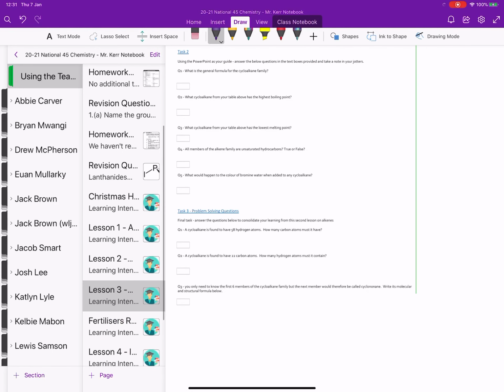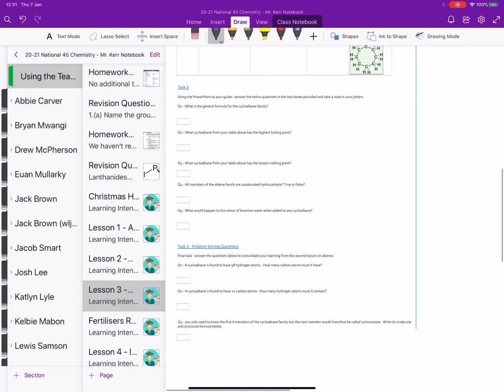So that will be lesson 3. Lesson 4, there won't be a lesson 4 this week. It will be marking your Christmas homework past paper. I'll put a video up and a lesson in your OneNote to help you mark that, and I want you to mark out of 57. And also this week there will be a retrieval quiz on fertilizers, so look out for that.